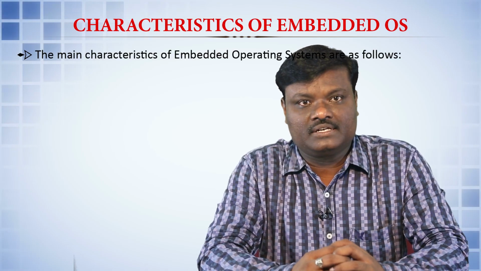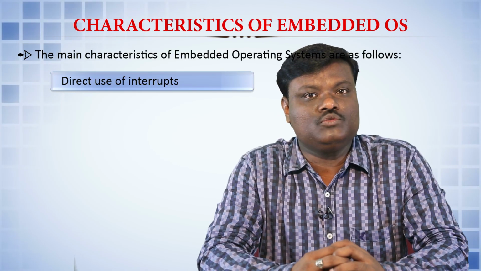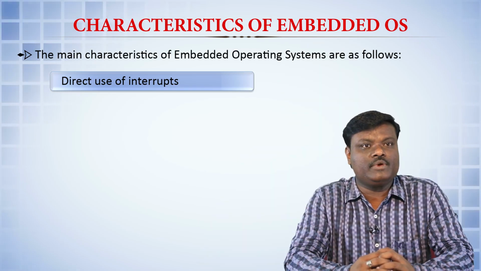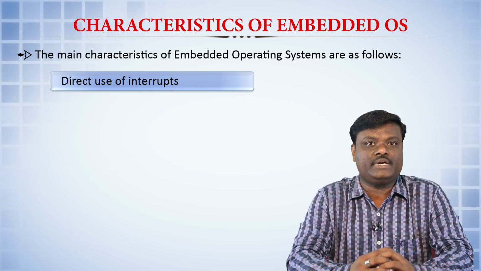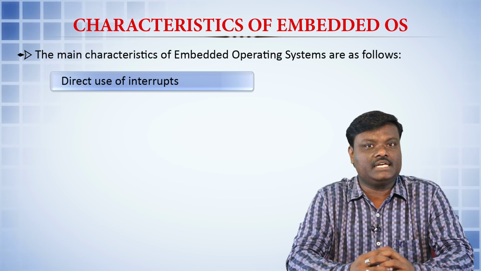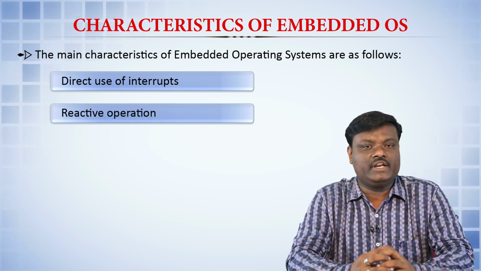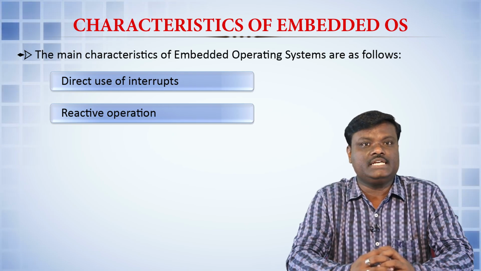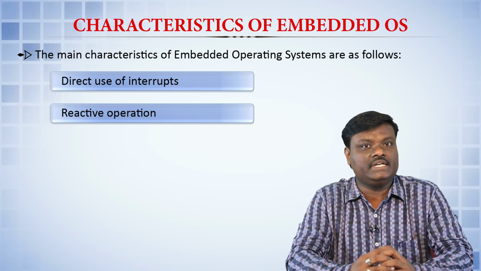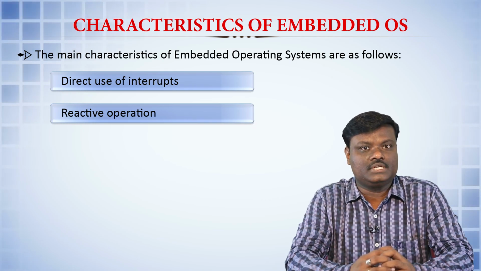One is direct use of the interrupts. So, there may not be any mediator taking care of the interrupts. However, the embedded operating system will be directly taking care of the interrupts. And then reactive operation. So, whenever some trigger or event happens, eventually it triggers the relevant reactive operation.